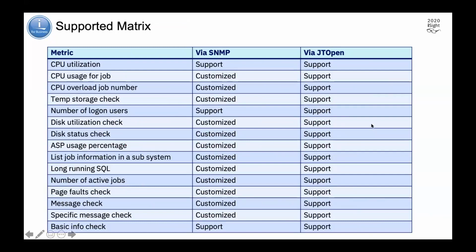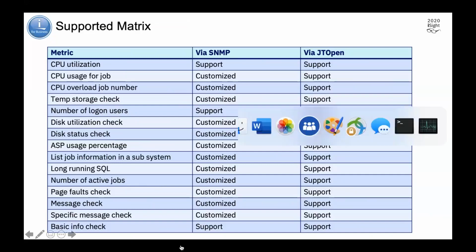Is there an example or a walkthrough on how to get started using this and setting it up? Yes, there is. It's out on our IBM i open source page for the Nagios support.